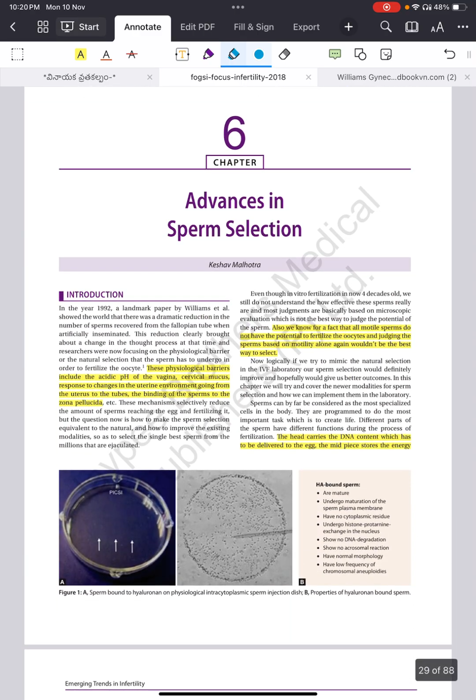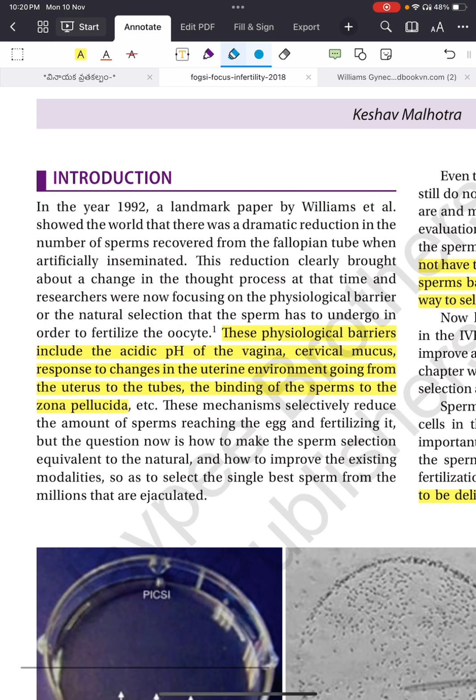Next chapter. Now I'm saying we'll select sperms. So how will we select sperm? What are the different advances in sperm selection? Basically, it is a natural process of sperm going from the vagina into the cervix, into the uterine cavity, into the fallopian tube, and reaching till the ovary. In this travel pathway, there are so many physiological barriers.